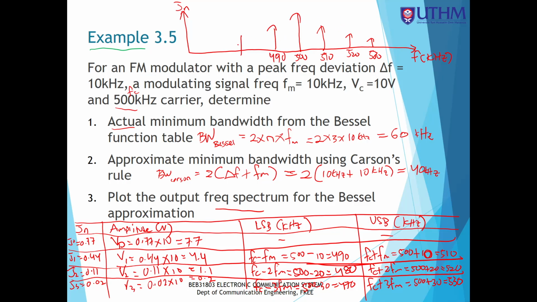Second sideband around 480 kilohertz, and the third sideband is located at 470 kilohertz. So if this is a Jn, you can just put the J parameter.